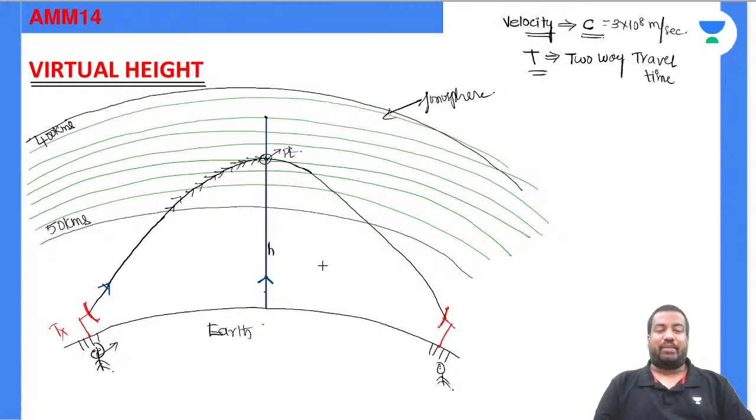For our understanding, I am trying to take that. So the time taken to travel to this point and come back is 1 minute. How much time will it take to reach the top? 30 seconds. If t is the two-way travel time, t by 2 is the time taken by the wave to reach the top.